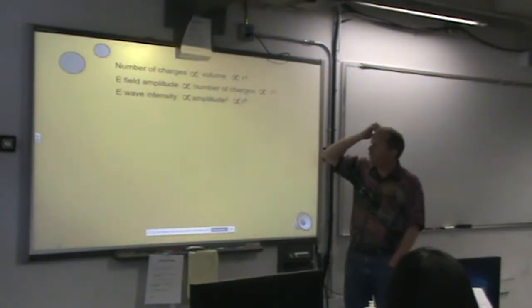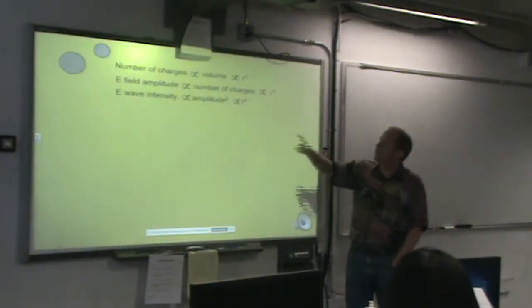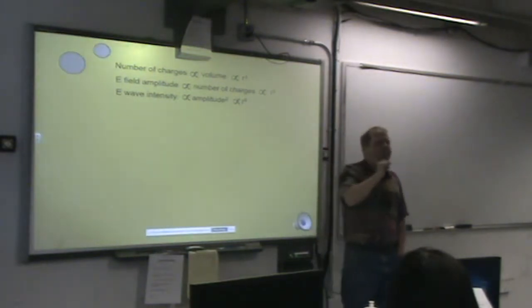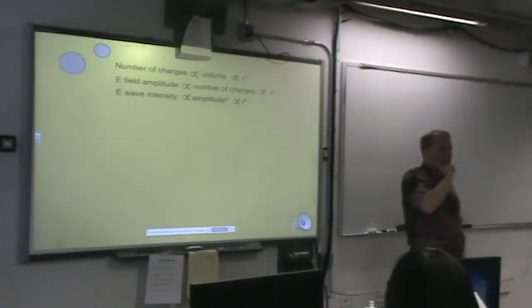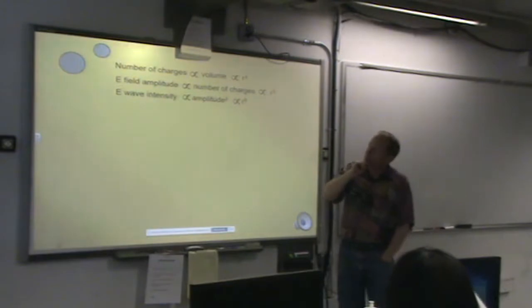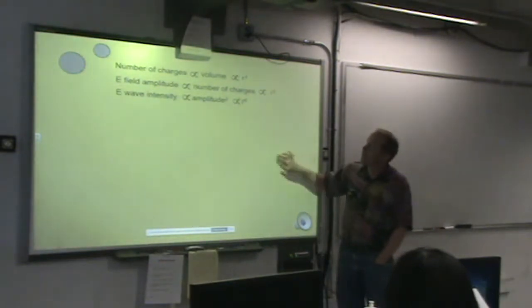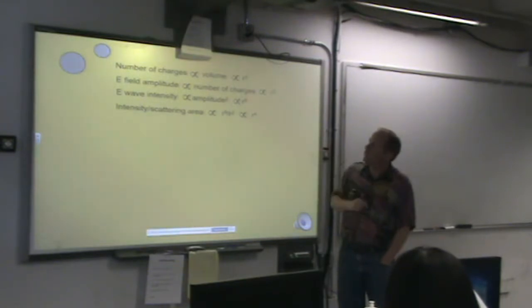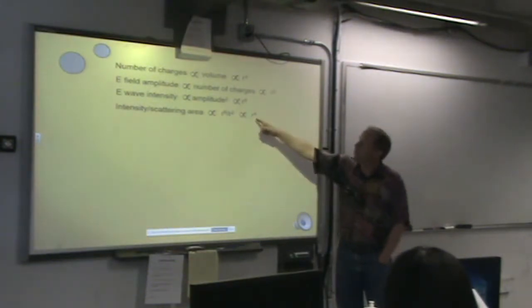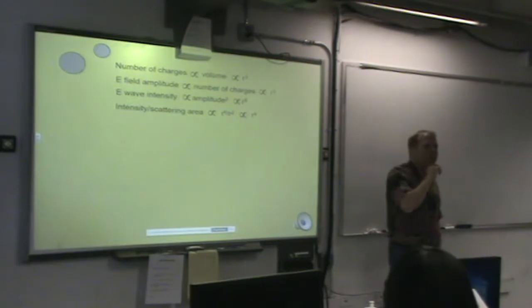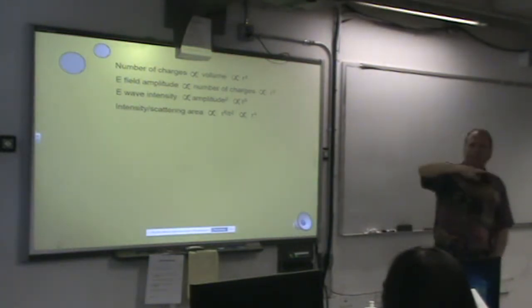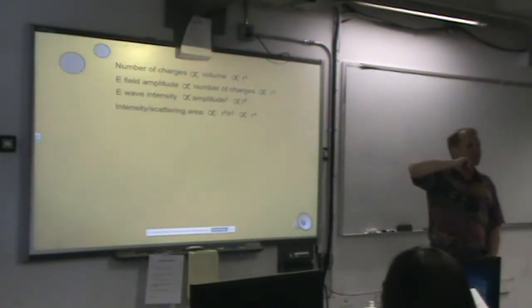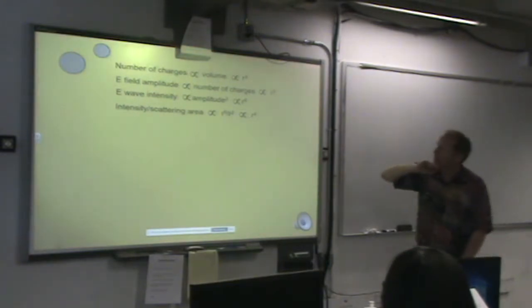So the electric field intensity, which is the energy, goes as r to the 6th power. Okay? So the intensity, energy per scattering area, is going to end up going as radius to the 4th power. So that was that curve you were seeing at the front in the Rayleigh scattering.